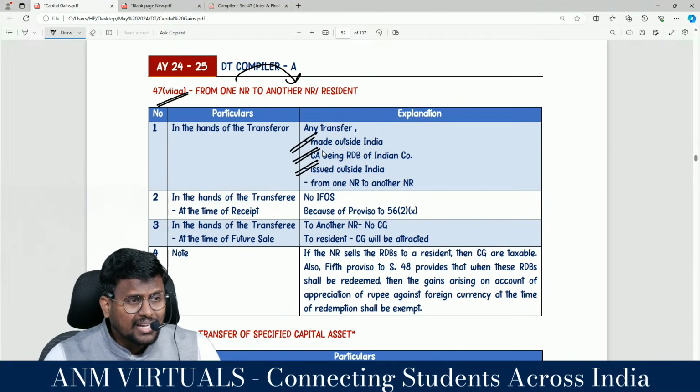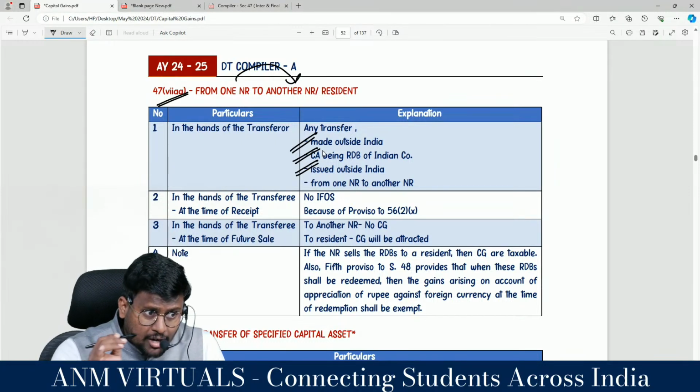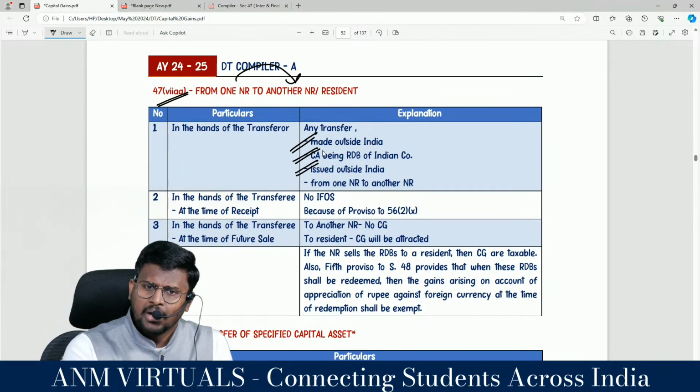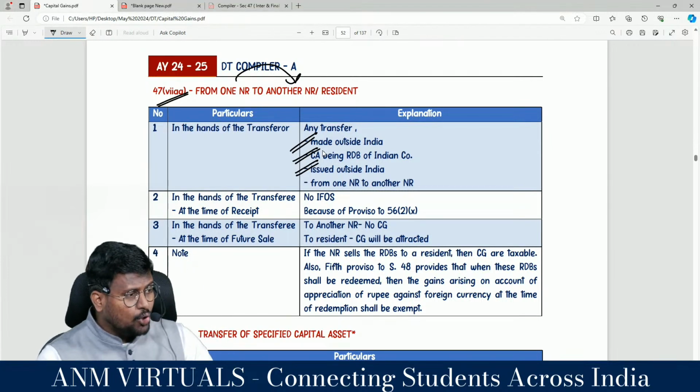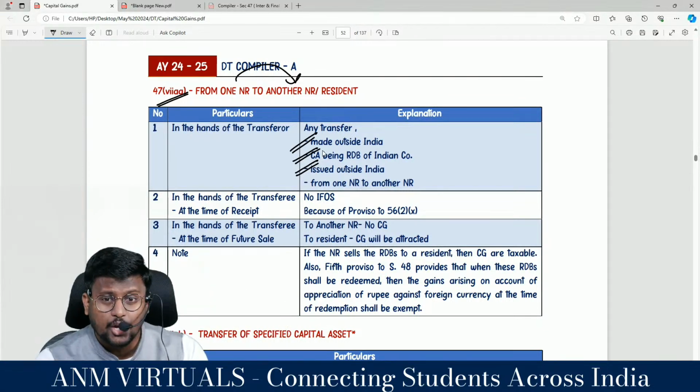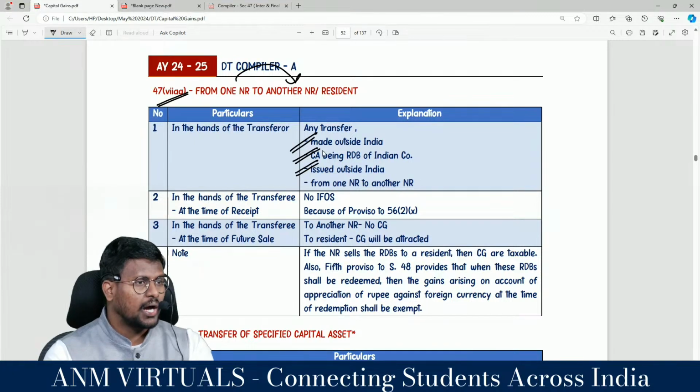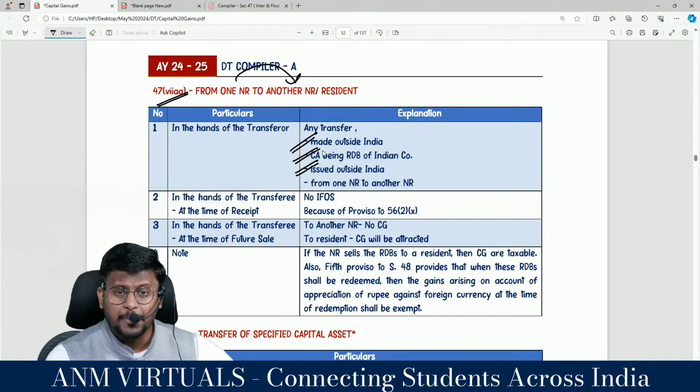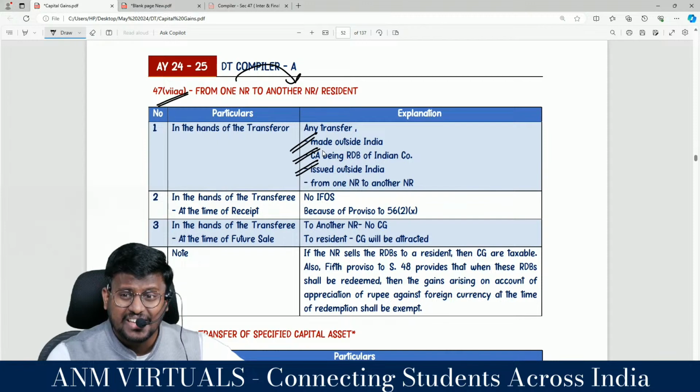Do you agree? Is the transferor resident? No. When a non-resident transfers to another non-resident, still again it will not be regarded as a transfer. But if he transfers to a resident, this benefit cannot be enjoyed. Do you appreciate this? This is as per 47 clause 7AA.